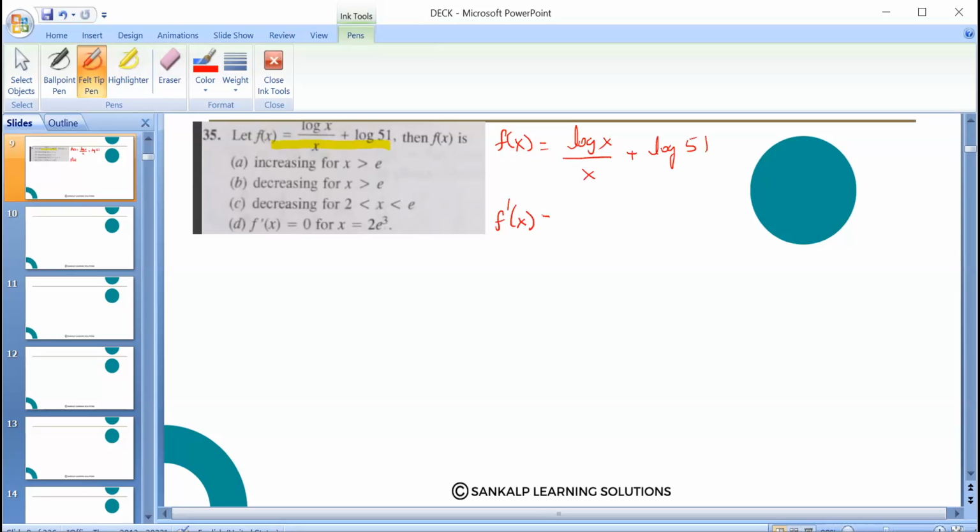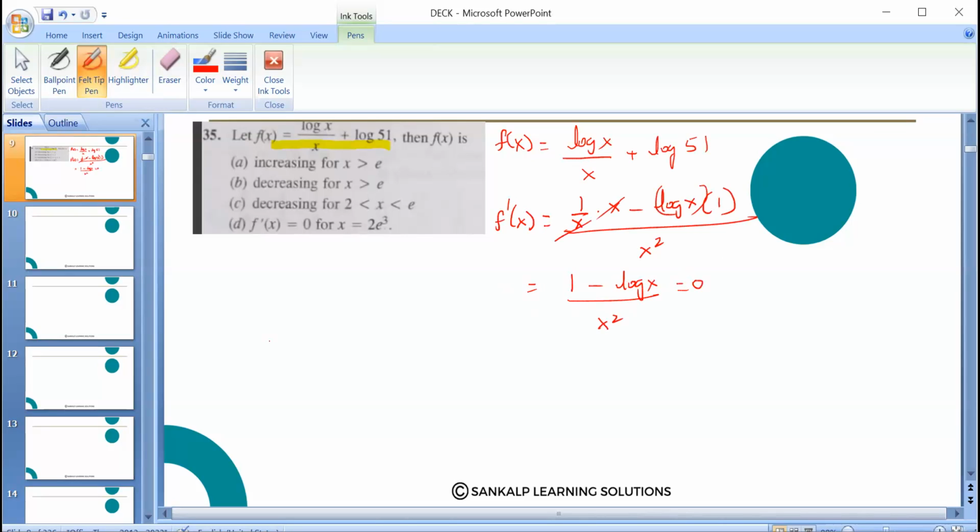Find the derivative using quotient rule. Log x derivative is 1 by x into x minus log x into x derivative is 1, by x squared. One minus log of x by x.